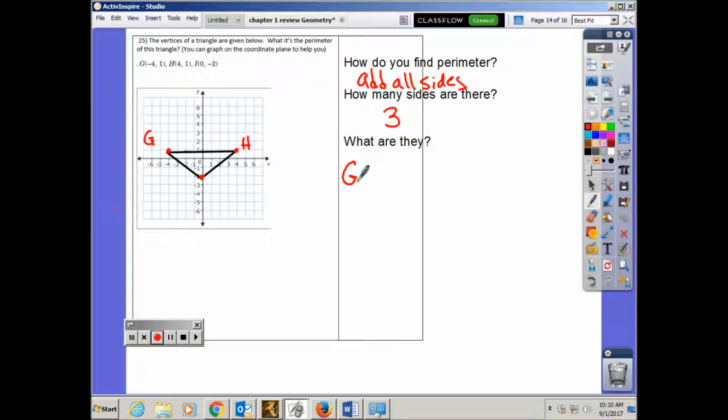They are side GH, side HI, and GI, correct? So I need to find the length of each of those sides and add it up. Fortunately, GH is a straight line segment, so I can count those spaces, correct? 1, 2, 3, 4, 5, 6, 7, 8.